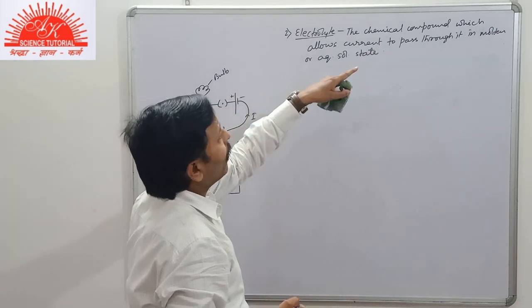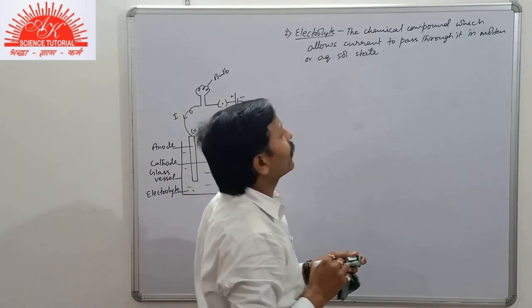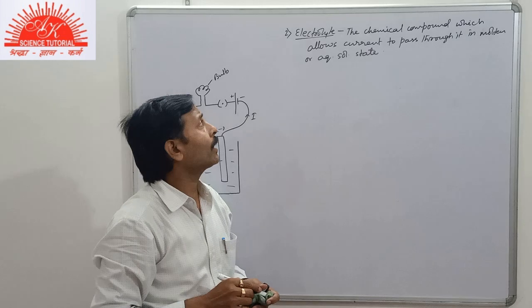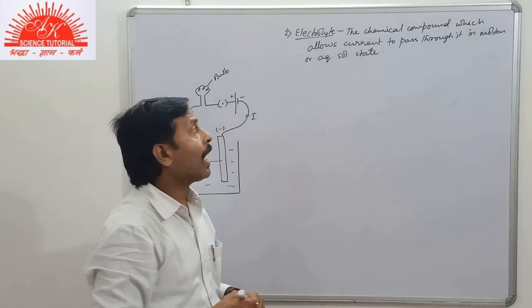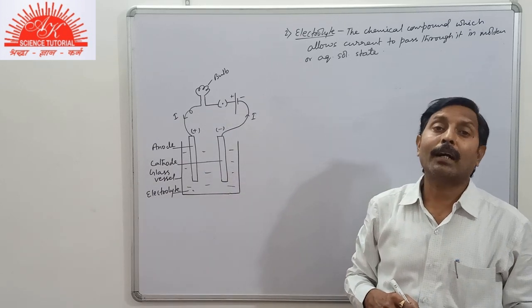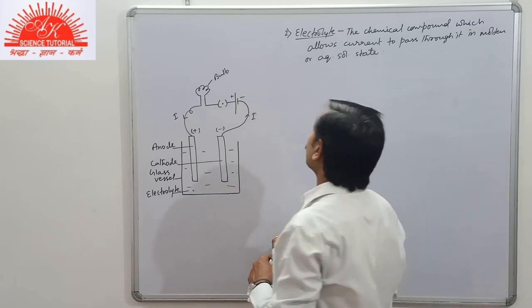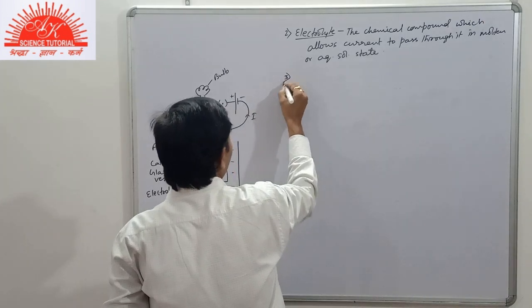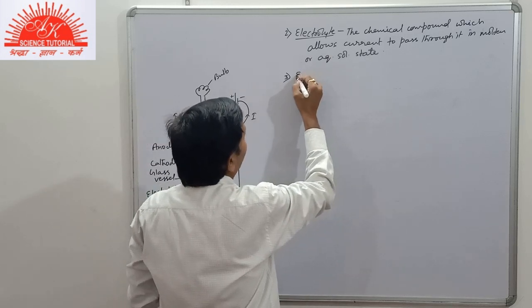The chemical compounds which allow current to pass through them in molten or aqueous solution state are known as electrolytes. Like these are ionic compounds or polar covalent compounds in aqueous solution state. Clear?